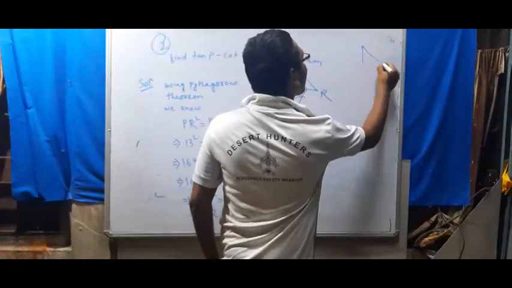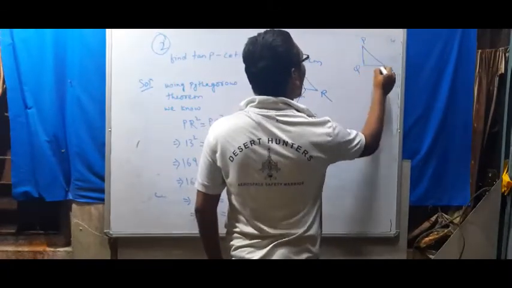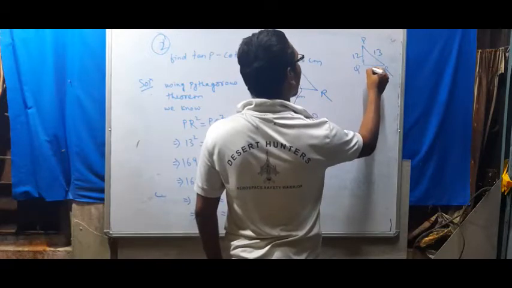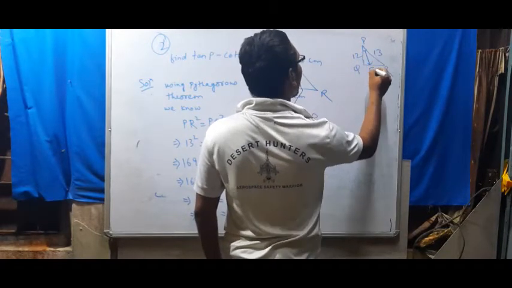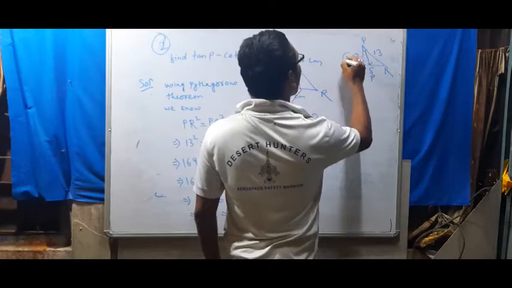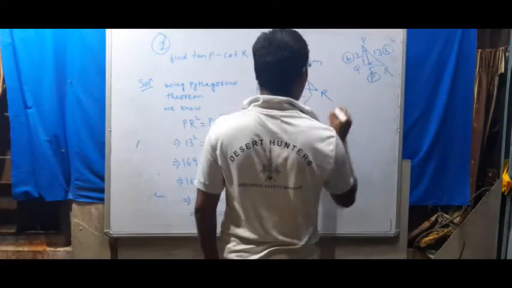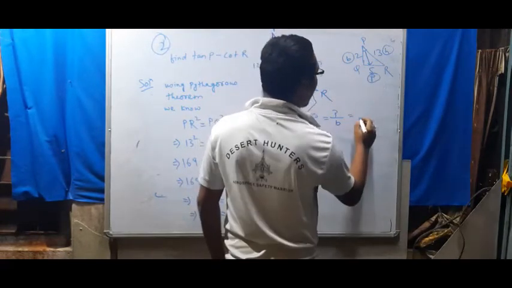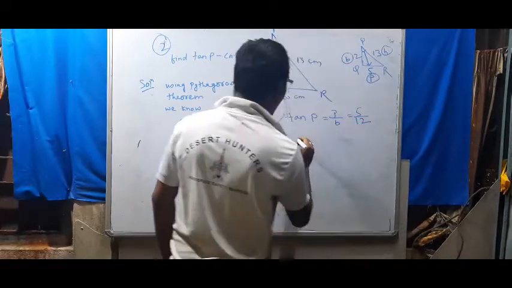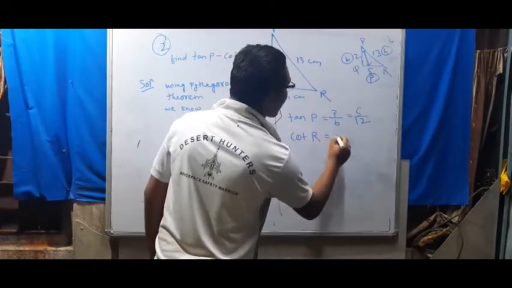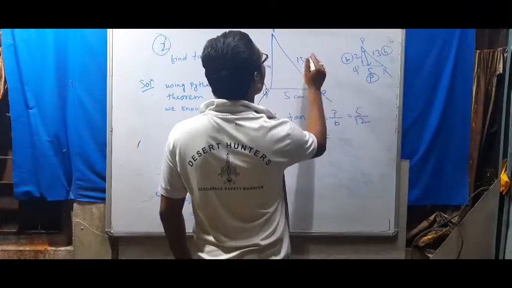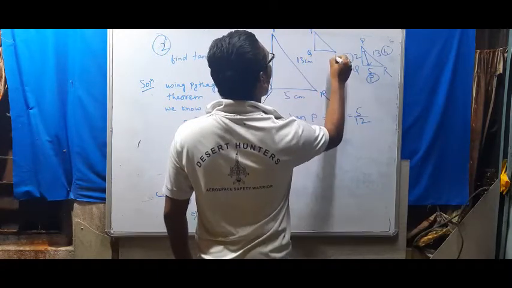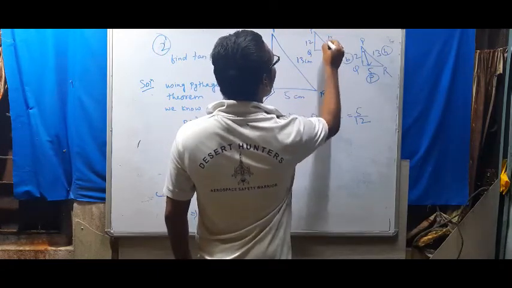Now tan P. So I draw a separate triangle PQR. PQ is 12, PR is 13, QR is 5. So if this is the angle, then this will be the perpendicular, this will be the base, this will be the hypotenuse. So tan P is equal to perpendicular by base, that is equal to 5 by 12. And cot R, I draw another triangle PQR, 12, 13, 5.